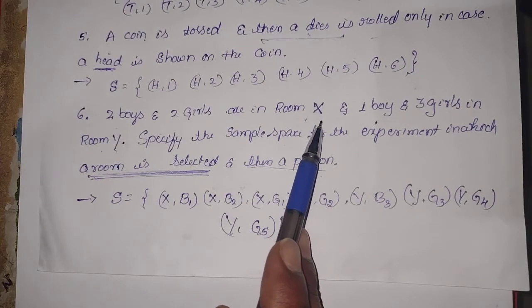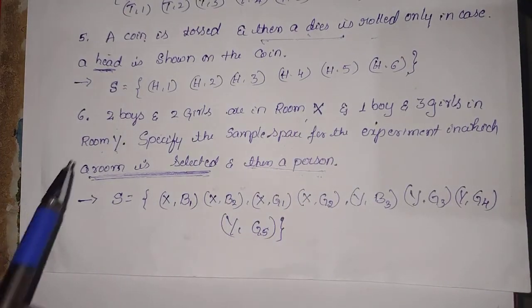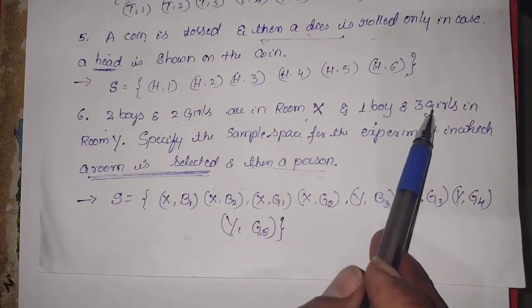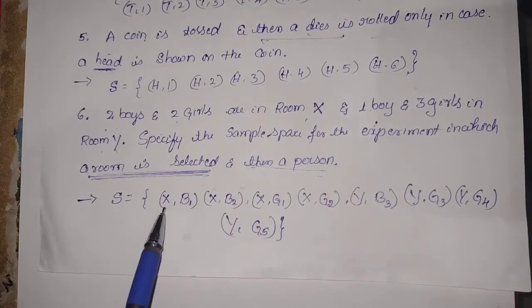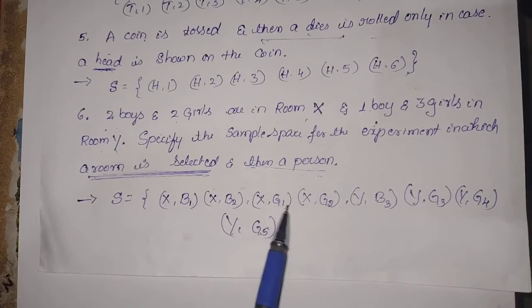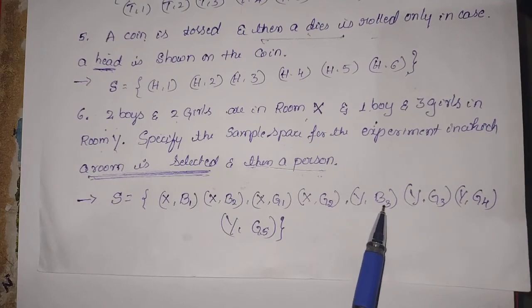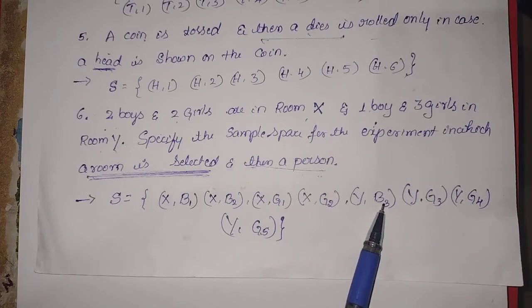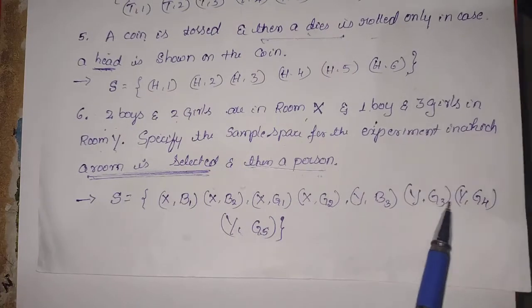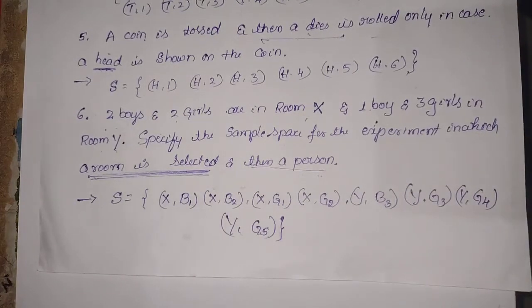The total number of boys is two plus one, three boys, and girls two plus three, totally five girls. Room X contains only two boys and two girls. Room Y contains only one boy, which can be written as B3, and three girls, G3, G4 and G5. This is the sample space.